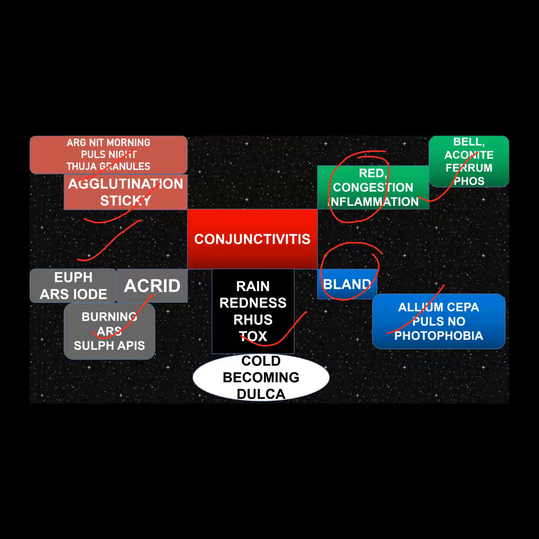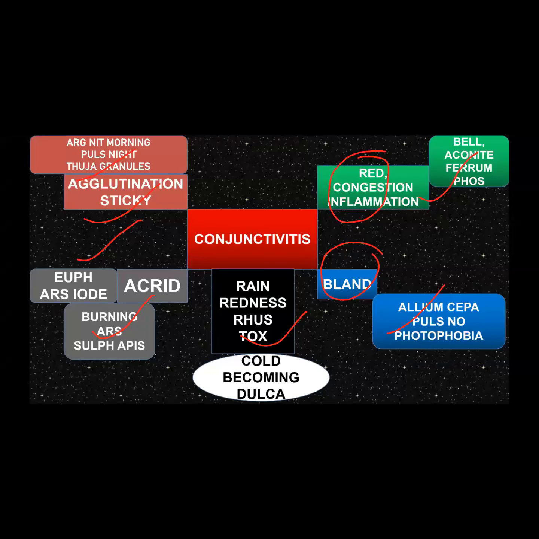Now we will explore each medicine, its symptoms and its use. I have divided the stages of conjunctivitis into three parts. Like a patient comes to your clinic saying, doctor, I am suffering with these types of symptoms, and it has just started, we can say within a gap of 12 hours.